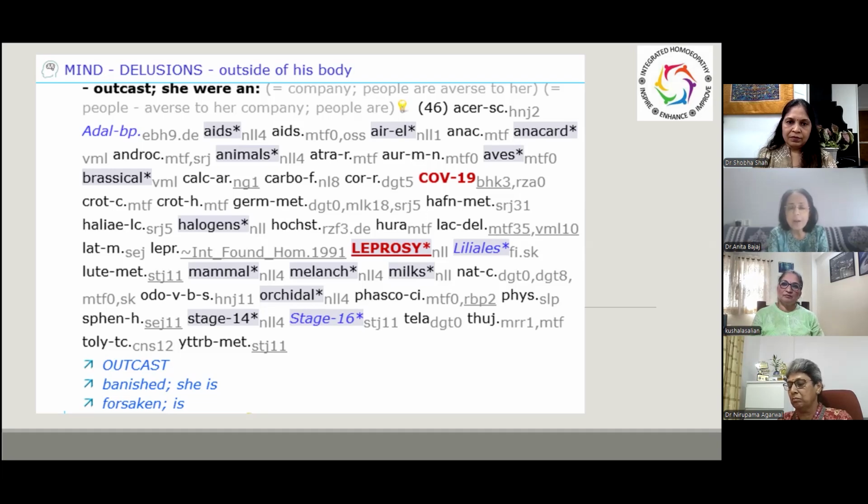So all the lepra miasm remedies also have this feeling, and the Lac group of remedies. The Lac group also has this feeling because they are self-contemptuous and they have a lot of disgust about self. So the Lac group also falls in all these rubrics: despised, repudiated, outcast.